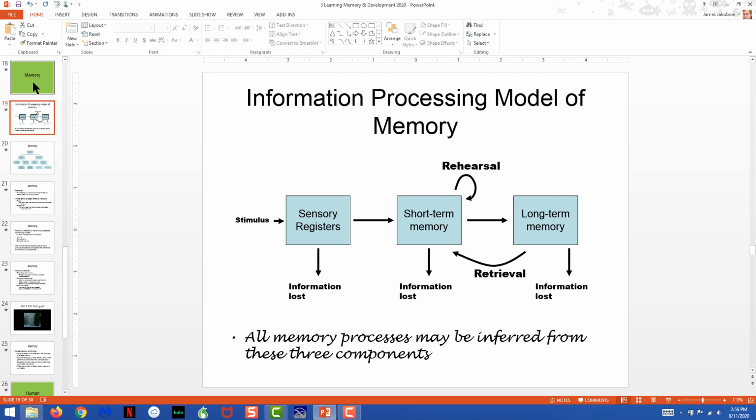But of those things that do make it into the sensory register, some small portion of it will move on to the short-term memory system. How that actually happens, by the way, is not very clear, so we would have to spend a lot of time discussing it theoretically, and it's certainly not worth it, and it's not in your textbook either.